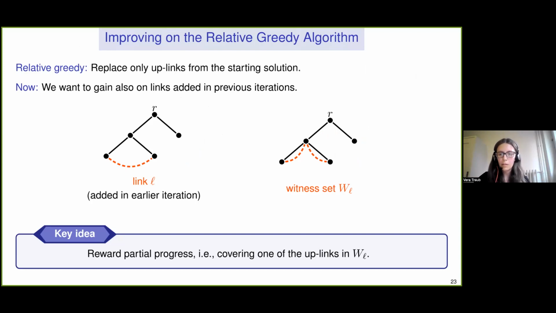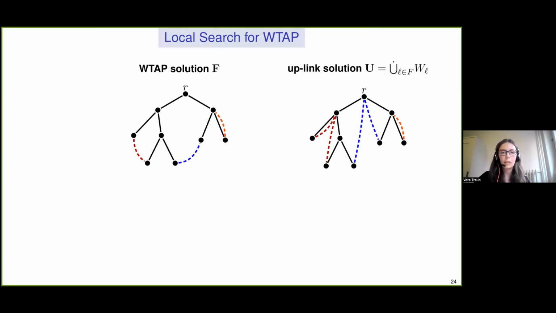Okay. So when I come to the algorithm, what we do there is we will always maintain two solutions. The first one is just a general solution to our weighted tree augmentation problem. Think of this as our current solution that we have at hand. And then we also maintain a second solution, which consists only of uplinks. Think of this as the uplink solution corresponding to the one on the left.